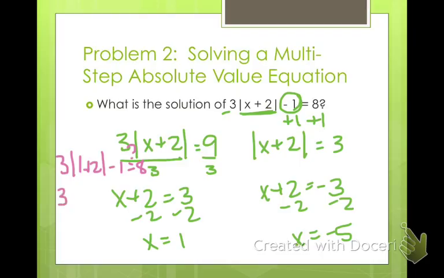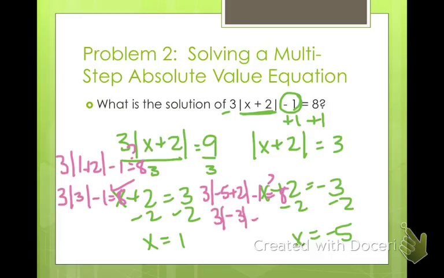Let's see, so I have 3 times the absolute value of 3, so that's 9 minus 1, yes, that equals 8. Okay, and then negative 5, I have 3 times negative 5 plus 2 minus 1, does that equal 8? So I have 3 times the absolute value of negative 3, which is positive 9 minus 1, which is 8. So again, both answers work. 1 and negative 5 are both our solutions.